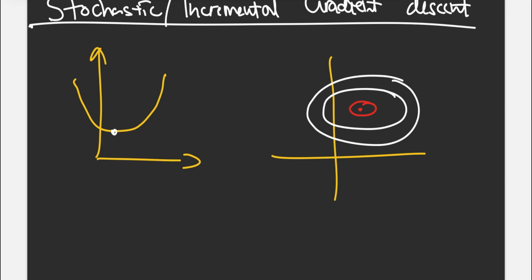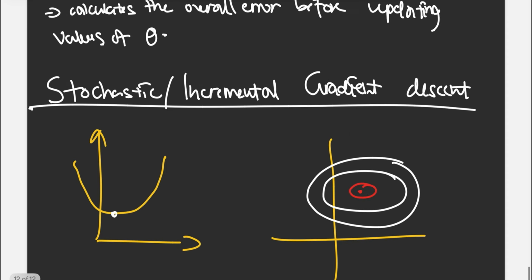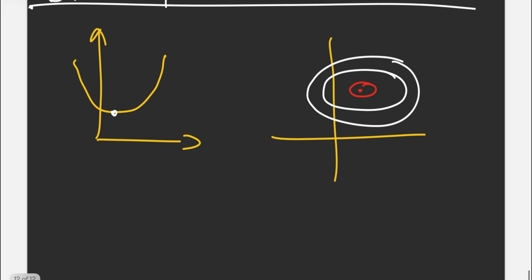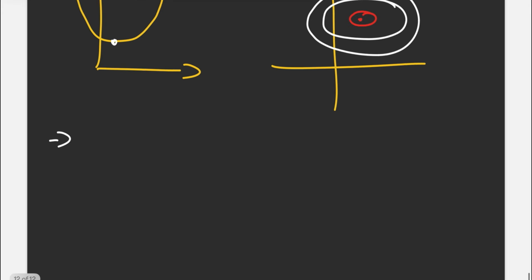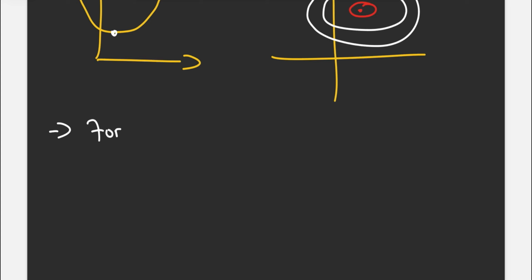So with stochastic or incremental gradient descent, it basically looks at i is equal to 1. With stochastic gradient descent, it looks from i equal to 1 up until any value of n.